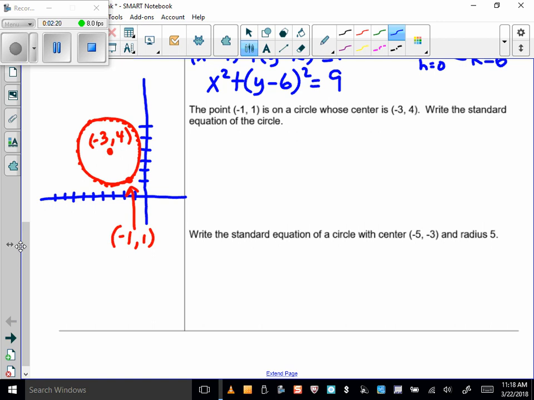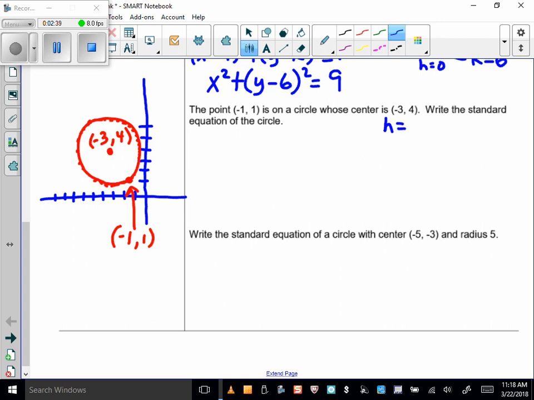So if you want to pause here and put your little sketch up and then come back, we'll talk about this. It tells us the point (1, -1) is on our circle, and I have that sketched in. It tells us the center is at (-3, 4), and we're to write the standard equation. So let's see what h is.